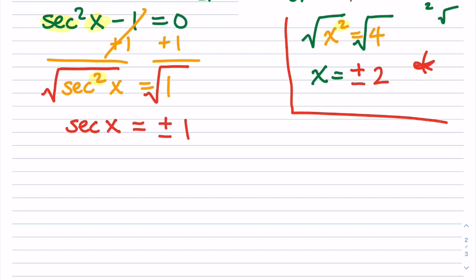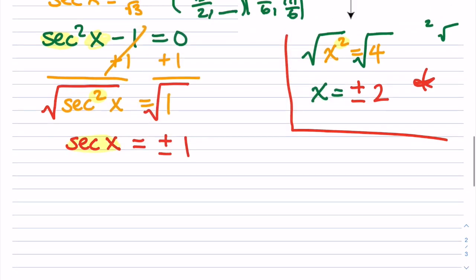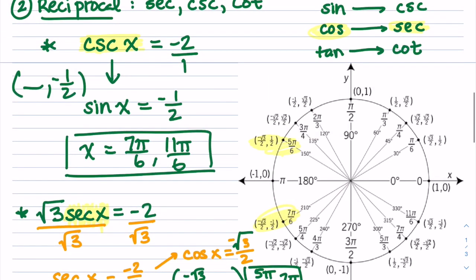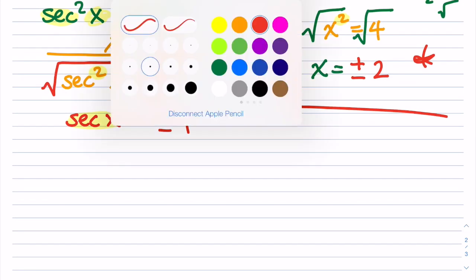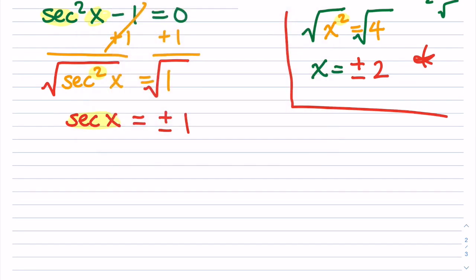And again, we can't look at the circle immediately because secant x is not on the circle. But if we go back up here, secant is related to cosine. So we can say cosine x is equal to, well, here's the nice thing about plus or minus 1.